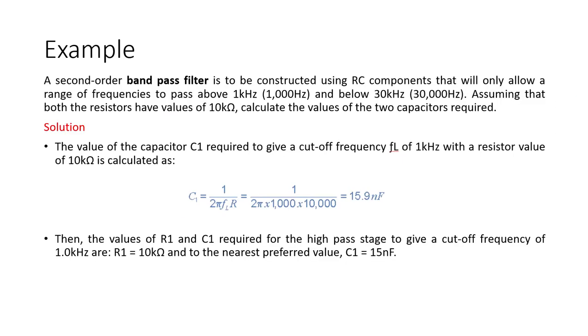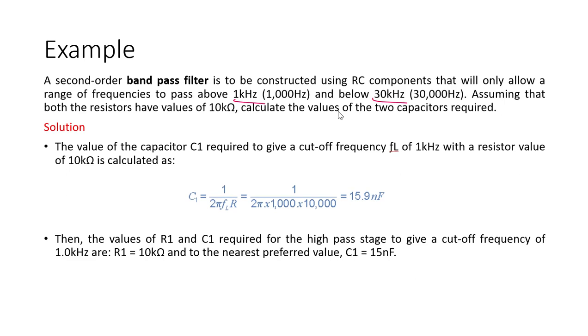A second order band pass filter is to be constructed using RC components that will only allow a range of frequencies to pass through, 1k hertz frequencies and below 30k hertz frequency.